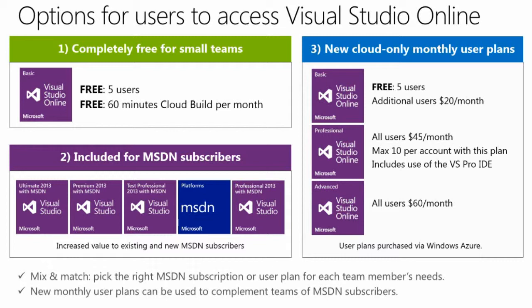Another thing I should mention here is that the way that you actually pay for Visual Studio Online, when you do need to pay for it, is actually through Windows Azure. So we will be part of the same billing system. So the same way that you pay for other Windows Azure resources, you'll pay for Visual Studio Online user plans and services that I'll talk to you about in a minute.